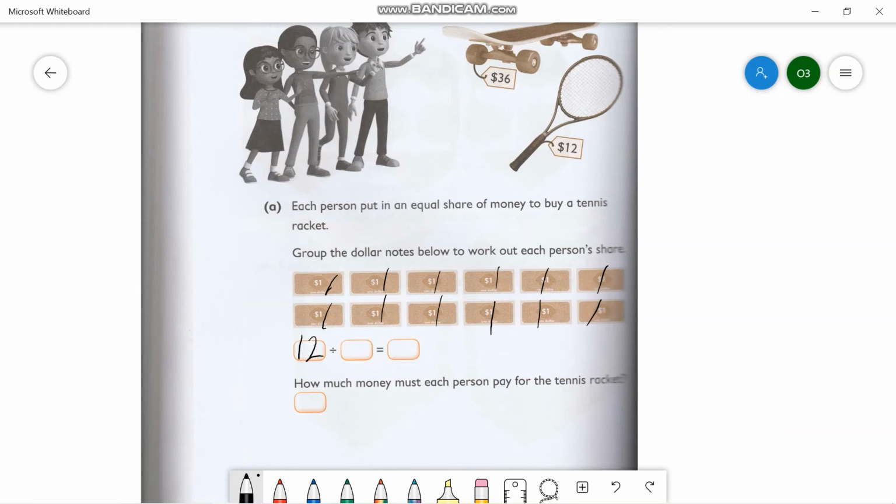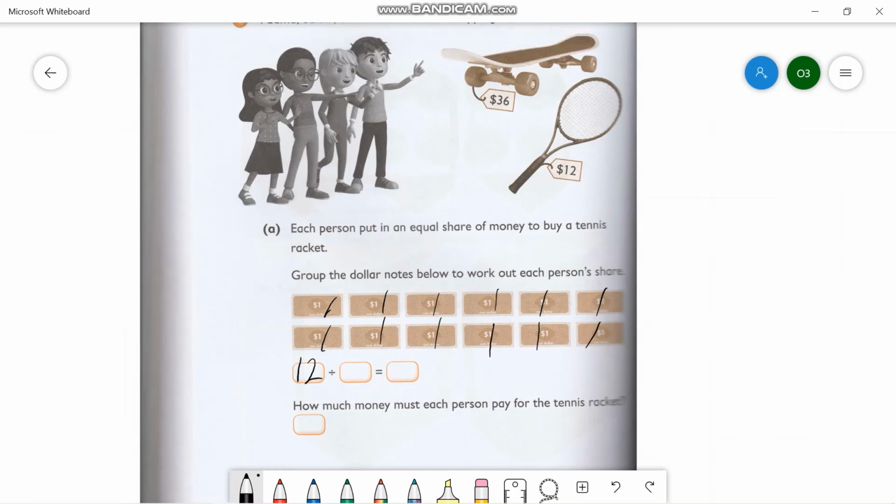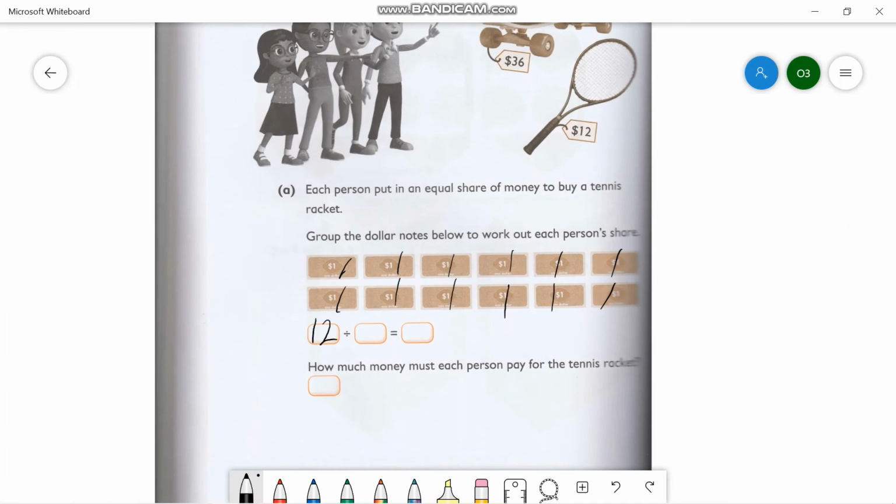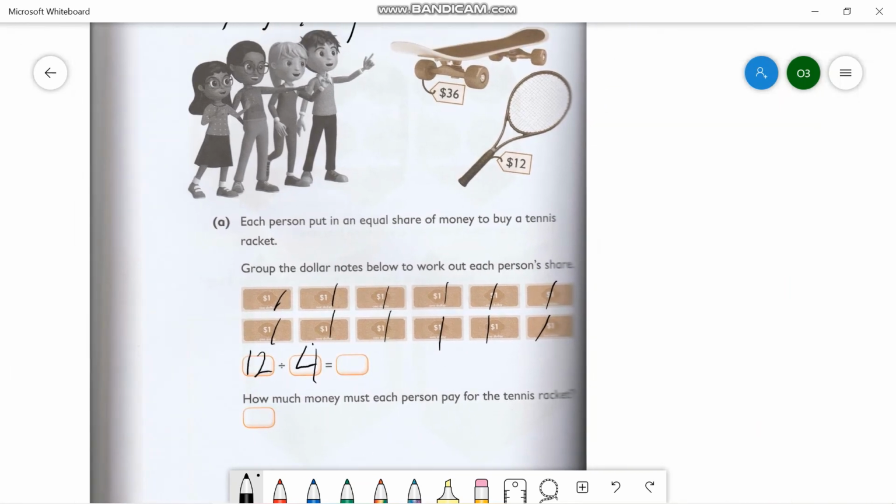How many are they? So we have Padma, 1. We have Samir, Jade, and Han. So they are 4. So 12 divided by 4, so that we will be able to know how much each of them shares to buy this sports equipment. So we are going to make here 4 groups.